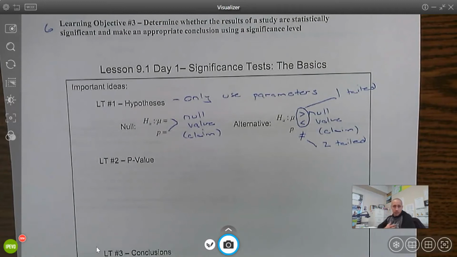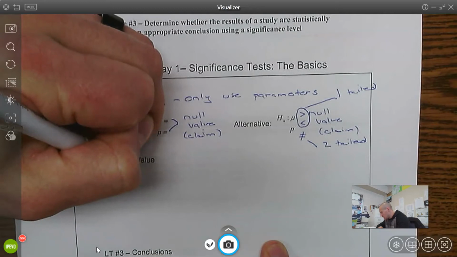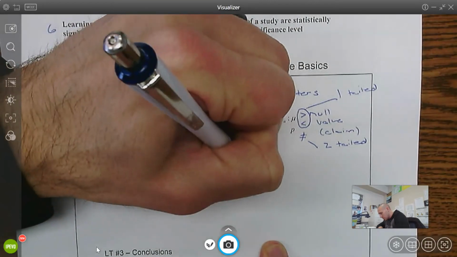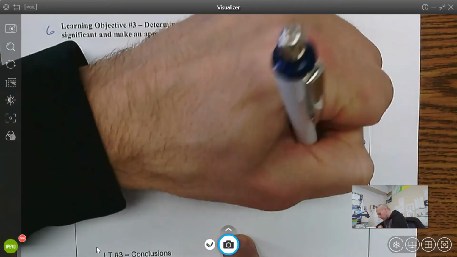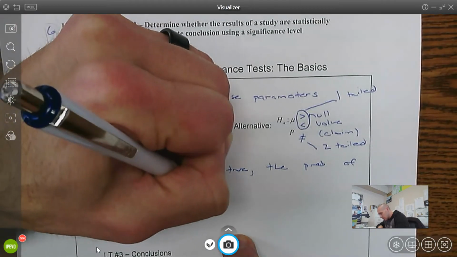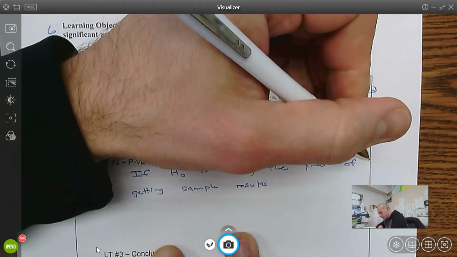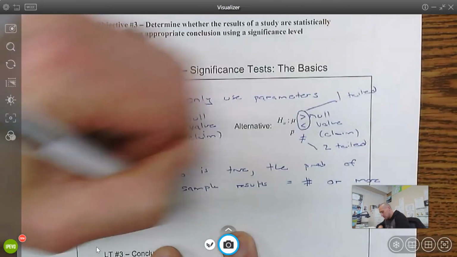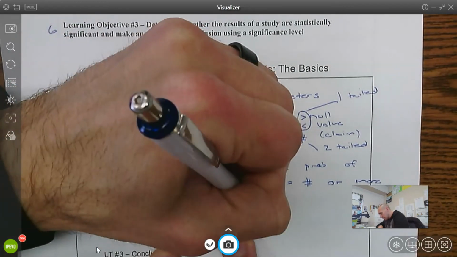So the p-value is really a conditional probability. If the null is true, there's your condition. Given the null is true, it's the probability of getting sample results equal to some number, or more extreme, meaning further away from the mean, purely by chance.